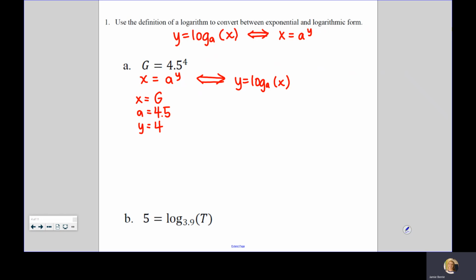So that would be 4 equals log base 4.5 of G. That's it. I know this seems pointless right now, like what was the whole purpose of that, but this again is going to help us whenever we get to solving these equations.